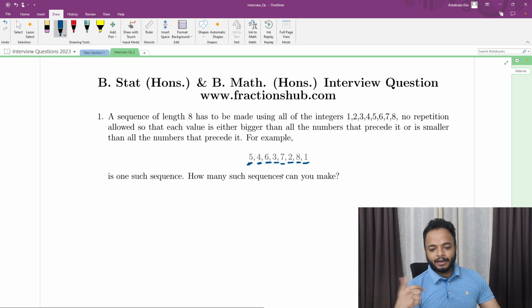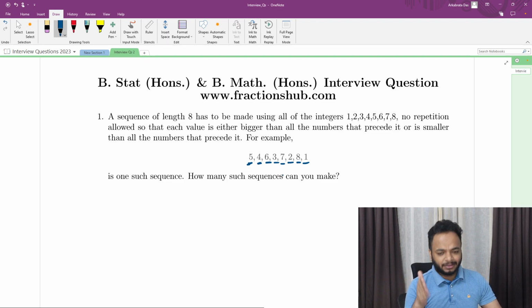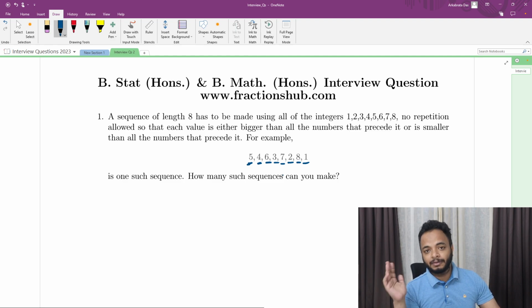So now coming to how do we attack the problem. While making a sequence, what do we think? What will be the first term, second term, third term, and so on, right? Now here, if we think like that, the problem is that whatever we take as the first term, we have to make sure that whatever we put later on fulfills the criteria at any stage: all the numbers preceding what we are putting at the kth place will be lesser than that, or all of them will be greater than that.